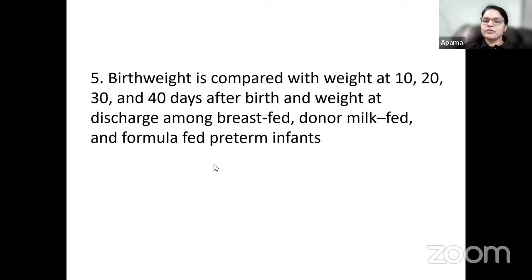Birth weight is compared with weight at day 10, day 20, day 30 and day 40 after birth and weight at discharge among breastfed babies, donor milk-fed babies, formula-fed babies. So how many groups do we have now? Three groups: breastfed, donor milk-fed, formula-fed babies. And we're going to compare birth weight as well as weight at day 10, day 20, day 30 and day 40.